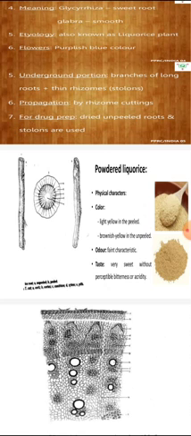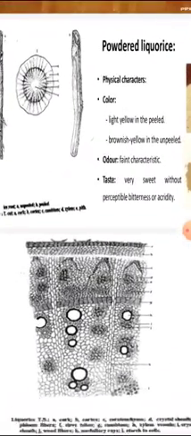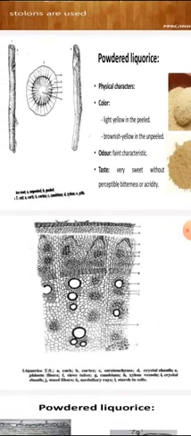Then propagation is by means of the rhizome cuttings. For the drug preparation, dried unpeeled roots or the stolons are used. You see, this is a good diagram for this one. So it shows the cut portion, then the internal structure, right?